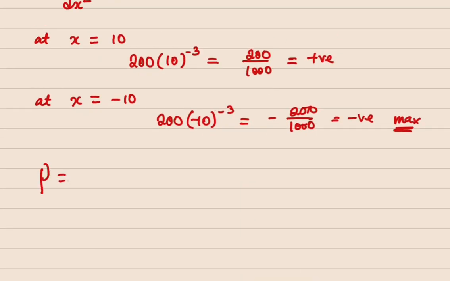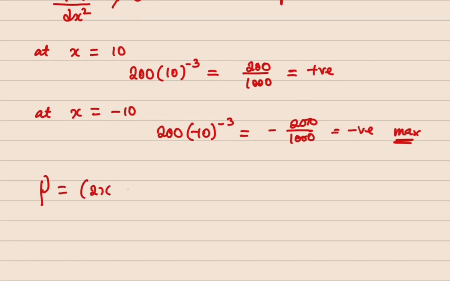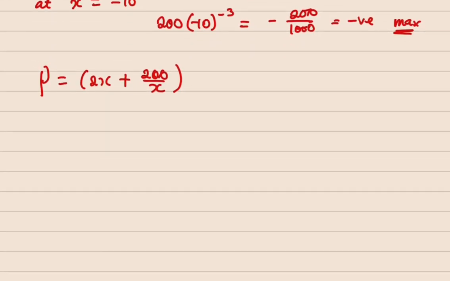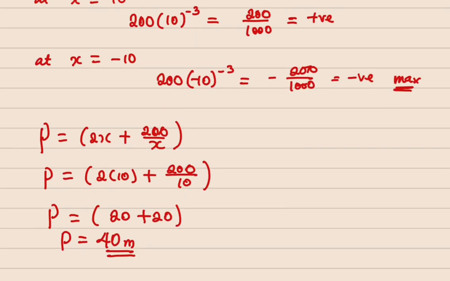So P is equal to 2x plus 200 all over x. Now, remember, we are looking for the minimum point, and the minimum point is x equal to 10. So P is equal to 2 into 10 plus 200 all over 10. Now P is equal to 20 plus 20. So P gives us 40 meters. And that is exactly what they asked us to prove.